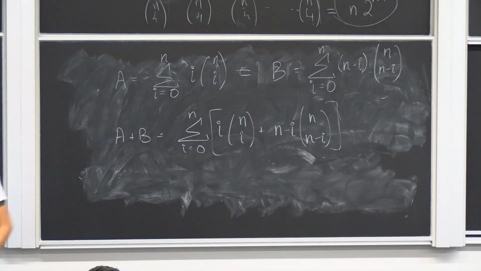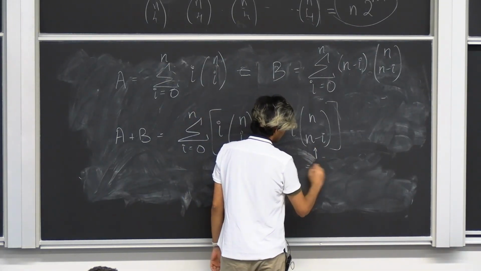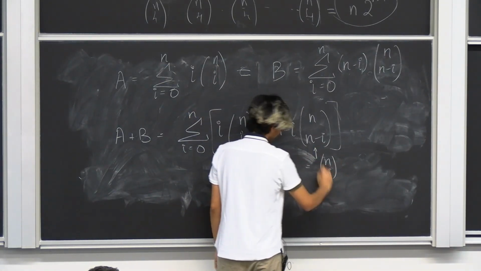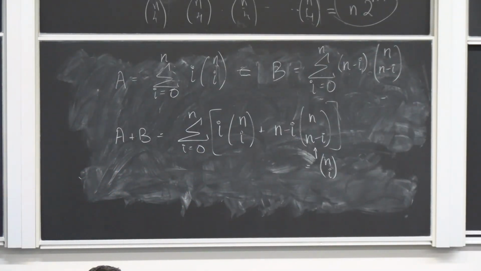One last trick. One last thing we need to merge everything together and get a simpler answer. What is it? Yeah. N choose n minus i is equal to n choose i. Right? It's a combinatorial property we know. 10 choose 2 is the same as 10 choose 8. Right?